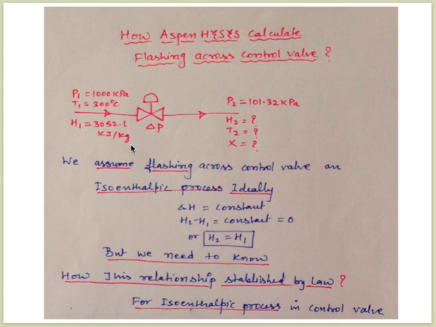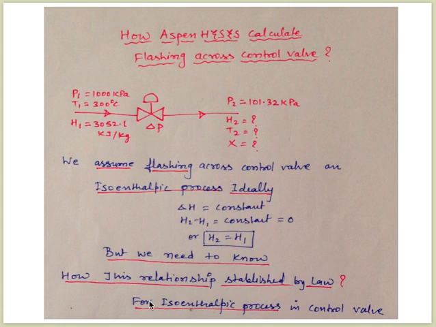Ideally it will be equal to H1, which is 3052.1, which is not true for real fluids and for the HYSYS calculation also. If you see the HYSYS calculation, it does not show the H2 value same as the H1 value. So first we need to understand how this relationship, H2 equal to H1, is established by law.